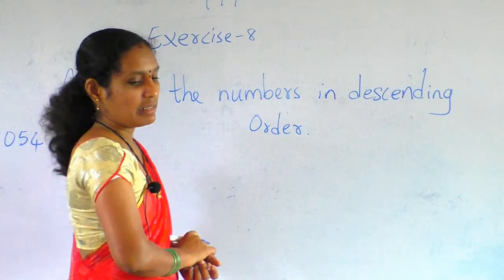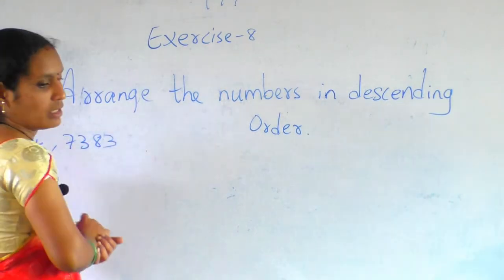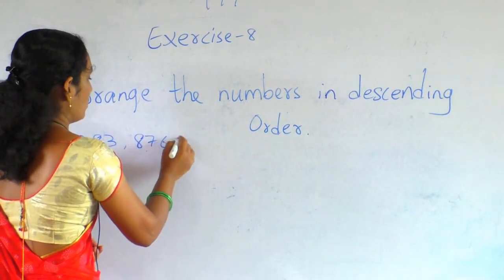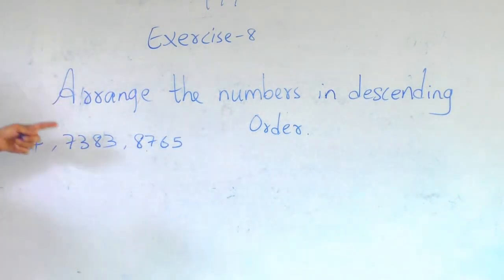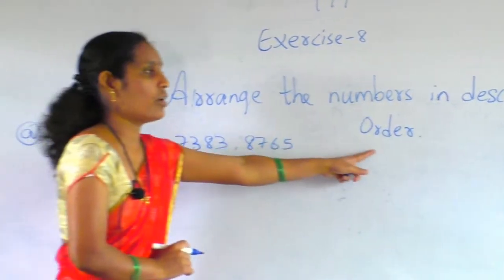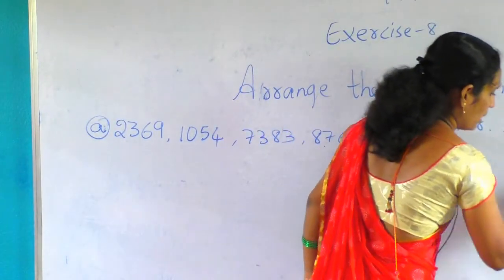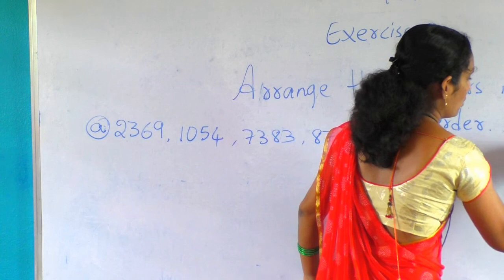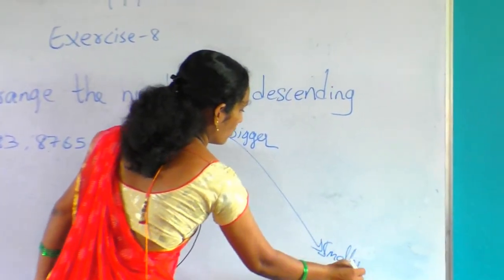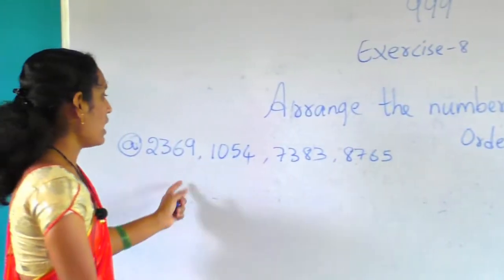Next 7383. Next 8765. Arrange the numbers in descending order. Descending order means bigger to smaller. Bigger number to smaller number. Is it? Now you see the numbers.